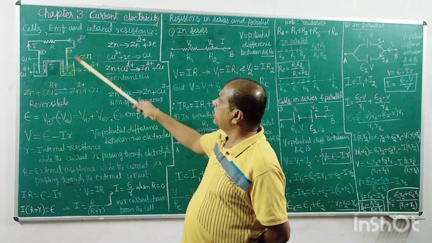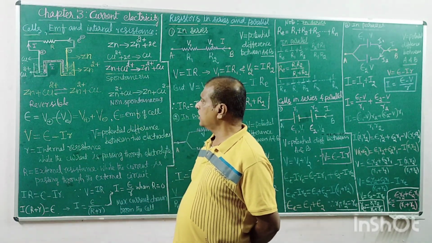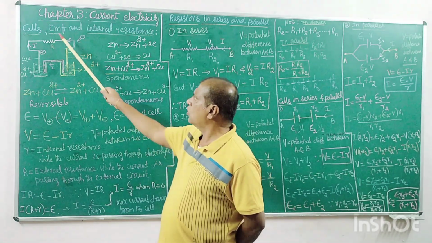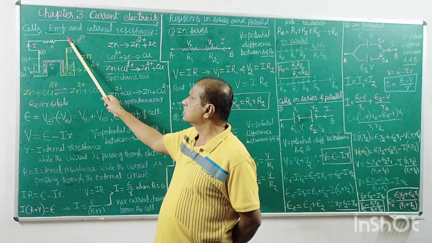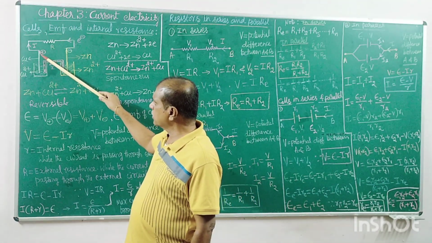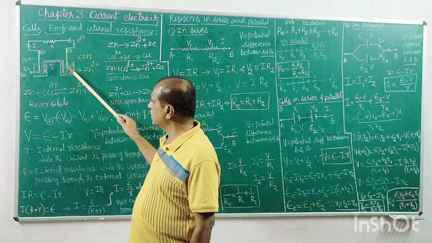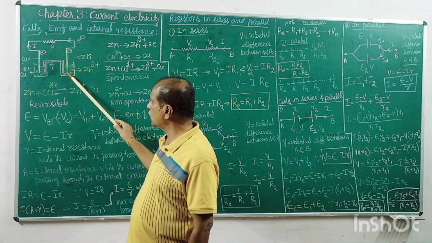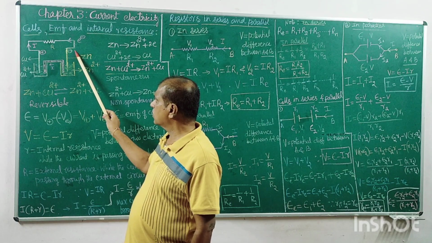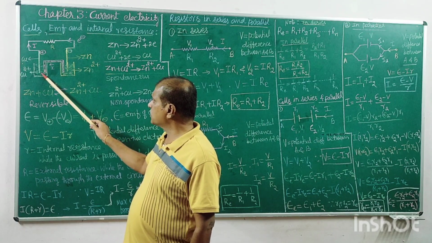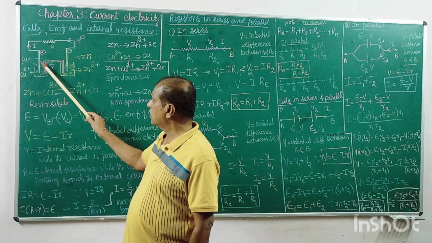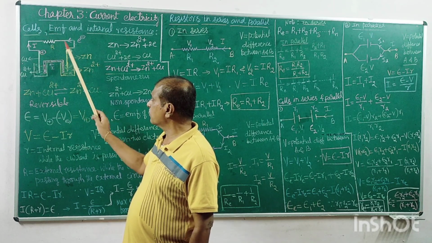Now about the EMF. What is EMF? EMF means electromotive force. Here, when this electrode is dipped in the solution like this, without a connection, it develops a potential. Some of the copper ions are deposited and attain a positive potential.